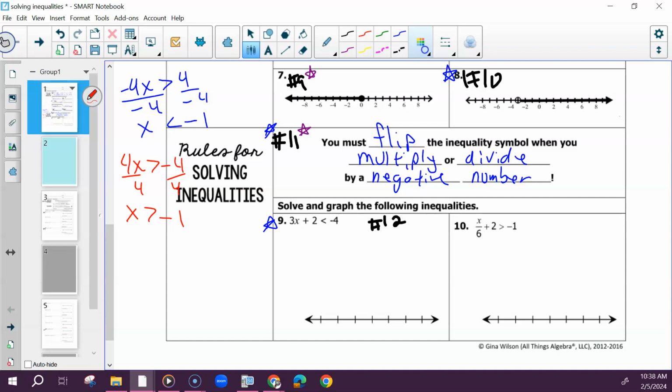So if you're trying to get x by itself, this number has to be negative in order for the sign to change. Multiplying is basically the same, but it would have to be like some division problem. I'm just making this up for you. If you had some division problem where you had to multiply both sides by -6, that would change the sign.